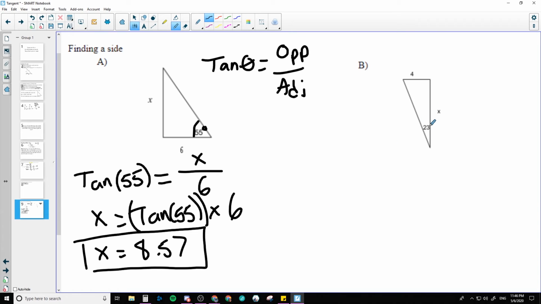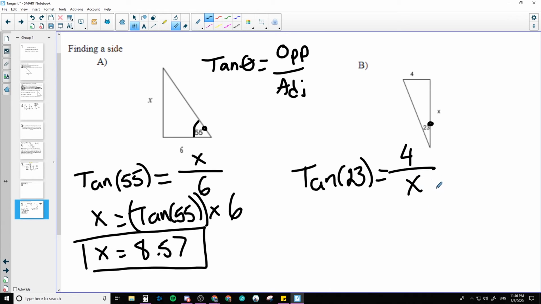Let's take a look at our second example here. Still same formula. Our angle this time, and again, it's missing its little degree sign, we'll just add one in there. It's tangent of 23. Opposite this time is 4, and adjacent this time is x. So we need x by itself.